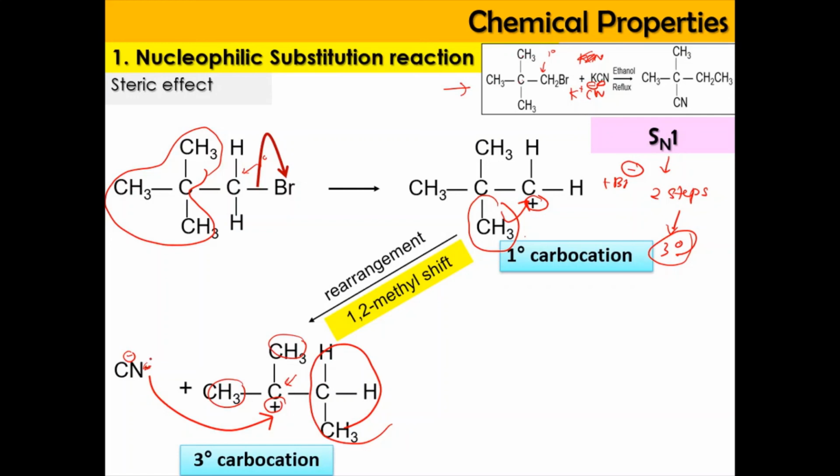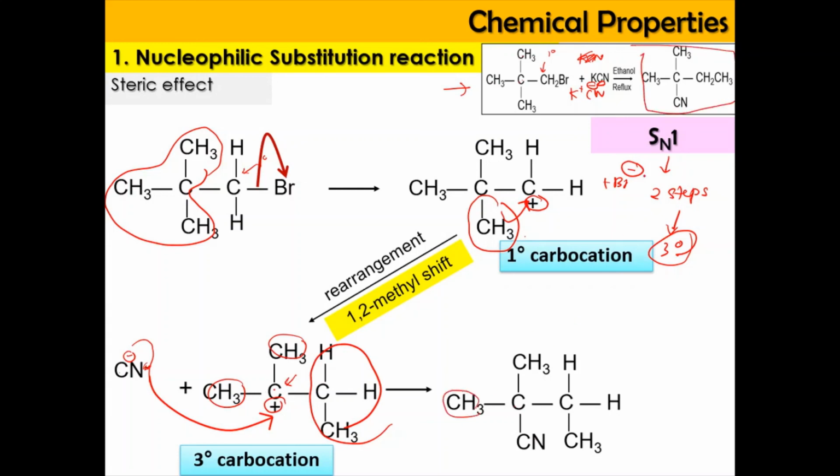Remember, the carbon carries the negative charge, and as a result the carbon plus is attached to the carbon minus, forming the C–CN bond, and this shows the product that we are forming. So we have CH3, CH3, CN, and CH2CH3.